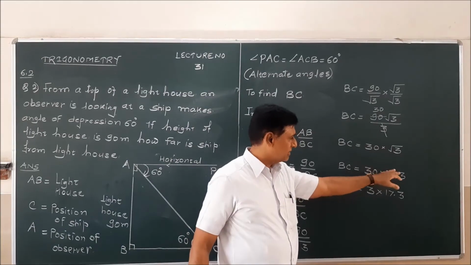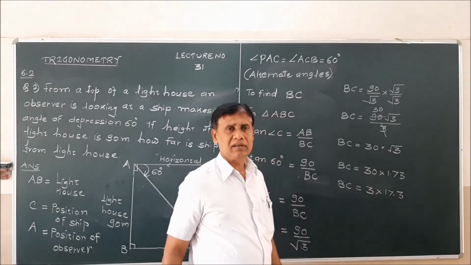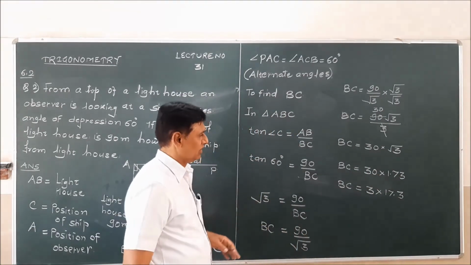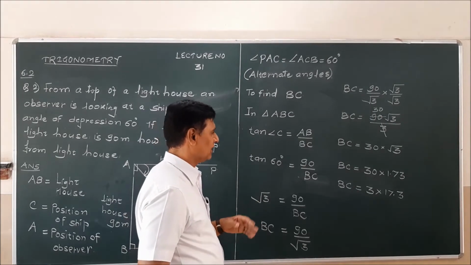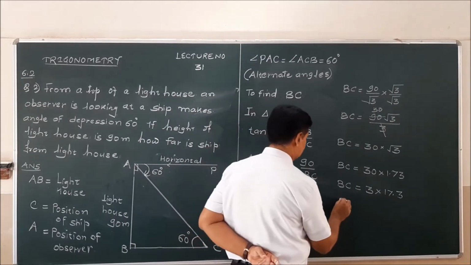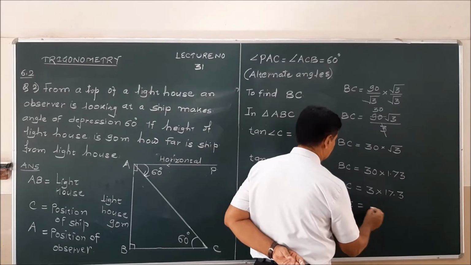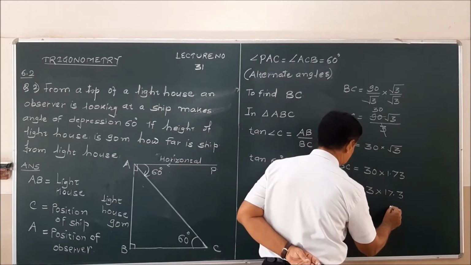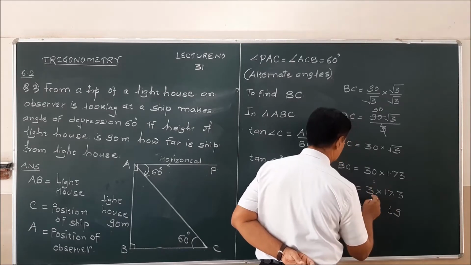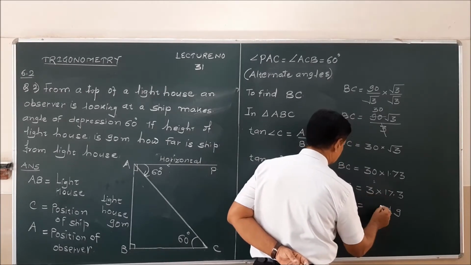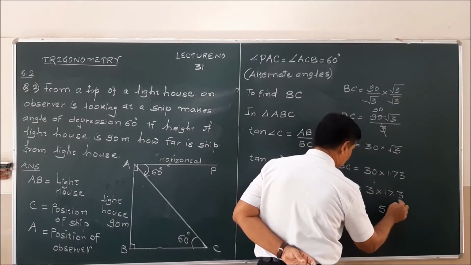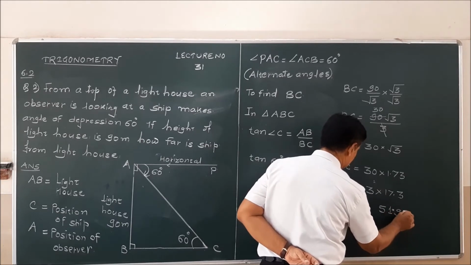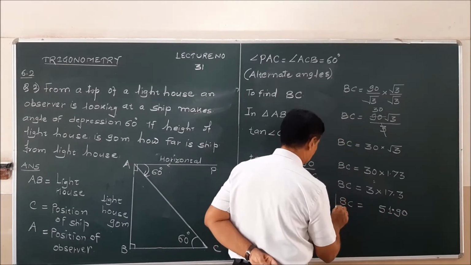If I multiply this by 10, the decimal will shift one digit to the right, so we get 17.3. So BC is equal to 3 3s are 9, 7 3s are 21. After one digit we have to place the decimal.